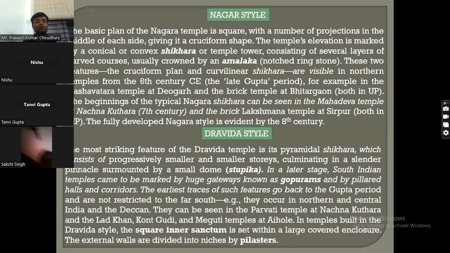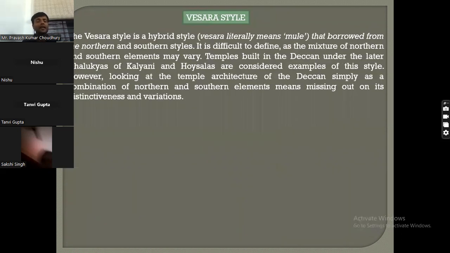That Gopuram is not found in the Nagar style of temple architecture. So there are numerous distinctive features that we witness in all three different styles of temple architecture.